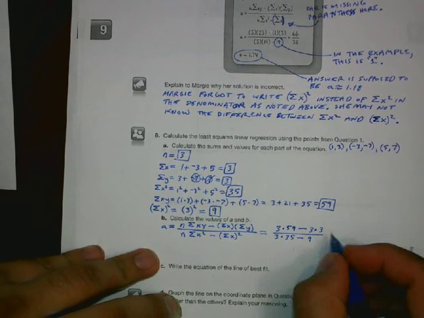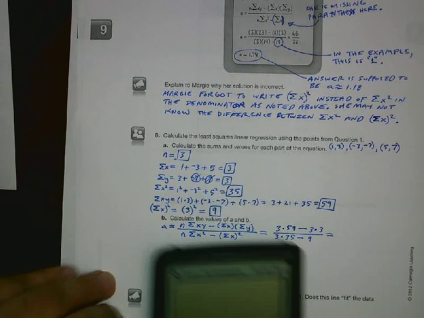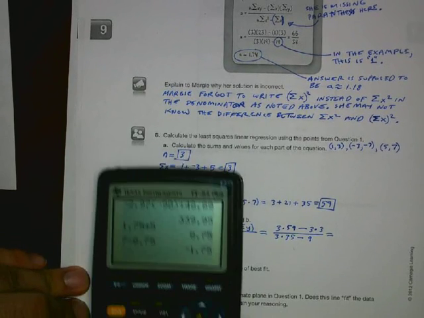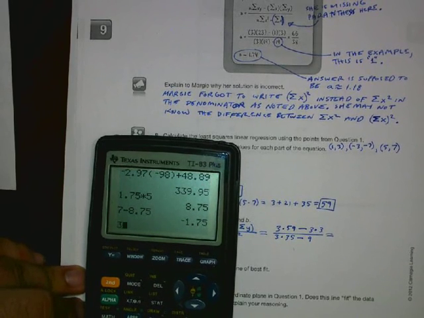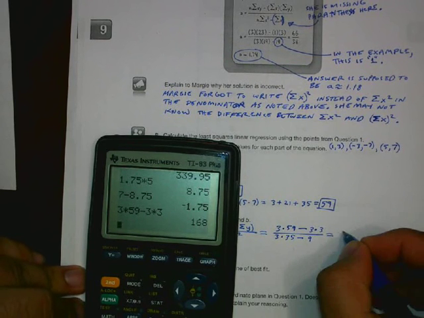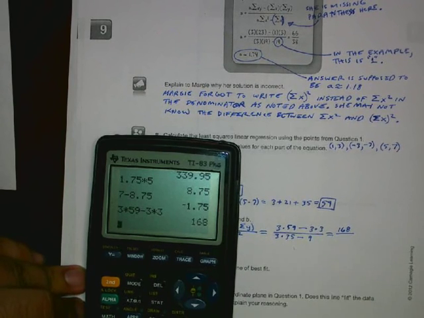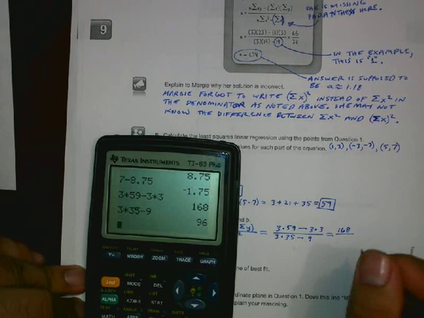And if we plug all that into the calculator, what we should get, let's see here, 3 times 59 minus 3 times 3, oops, that should be 3. And that should be 168 all over 3 times 35, that should be 96.